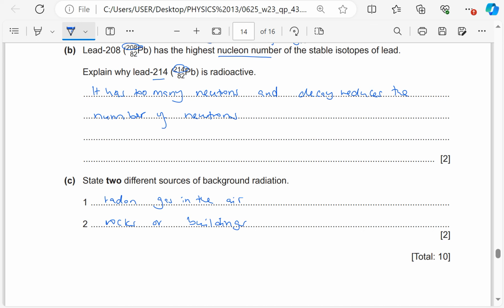You can find background radiation in foods or drinks. We can find background radiation in what we call cosmic rays, and so many others. All those are going to cause background radiation.